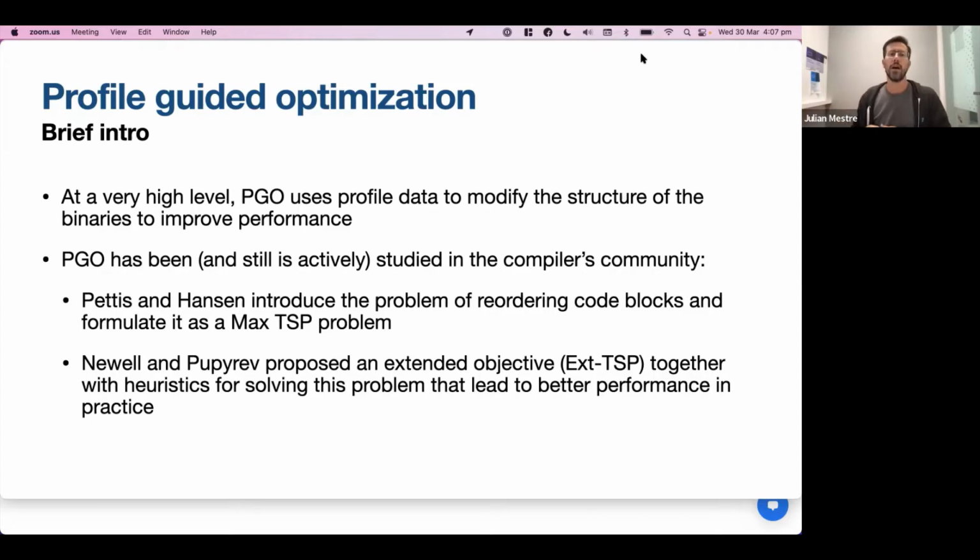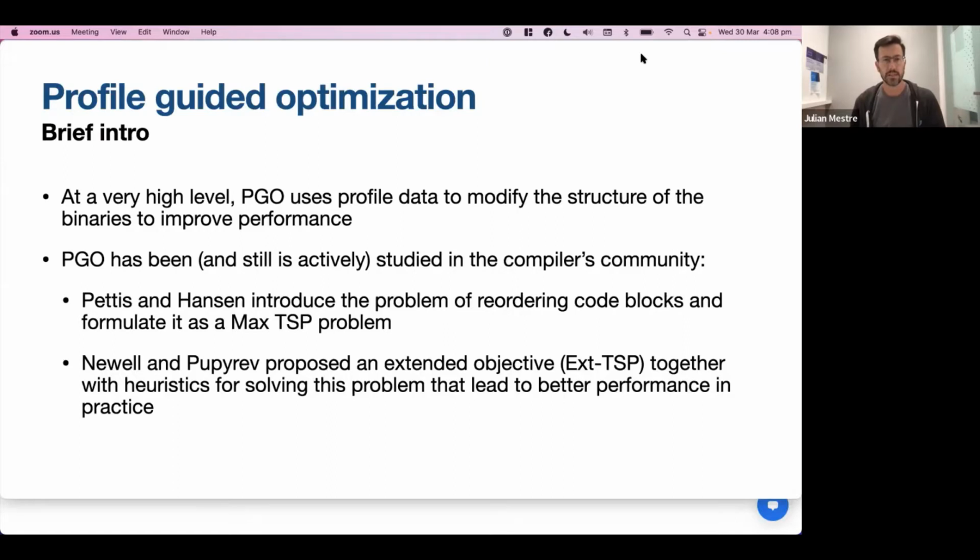So with the maximum TSP heuristic, what you do is you take this graph and you take this profile information that tells you how many times you take these jumps, and you try to maximize the number of jumps that are just to the next block in the ordering.